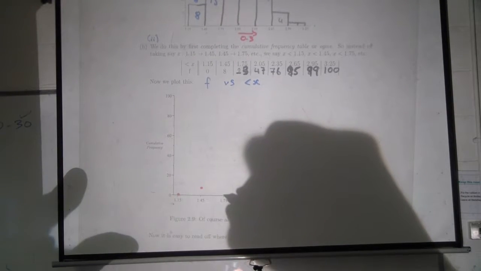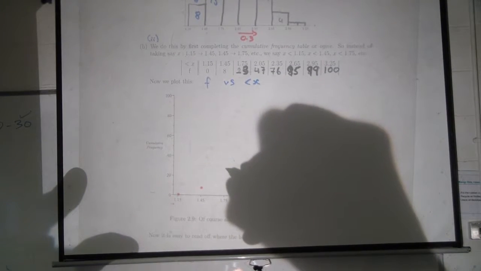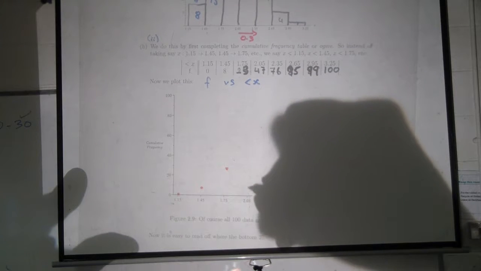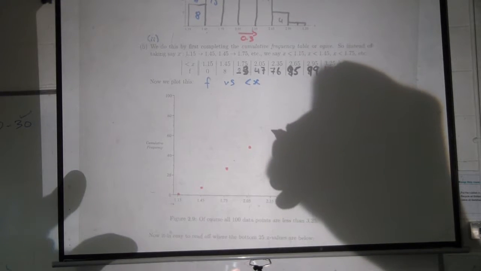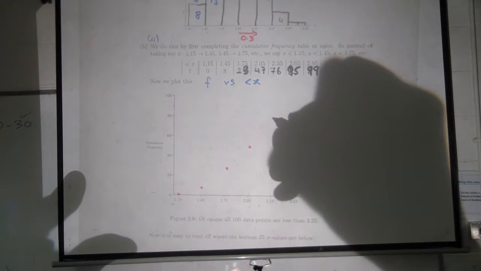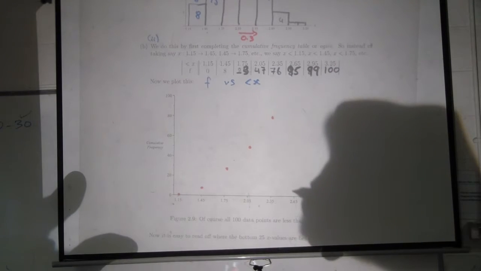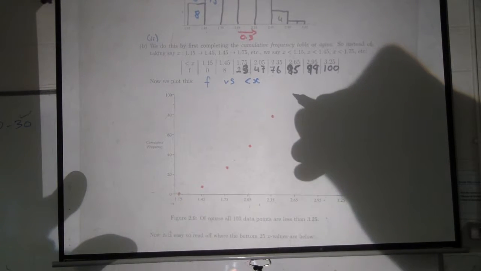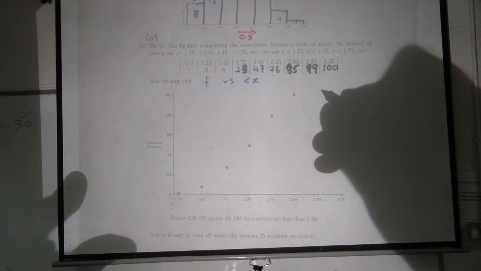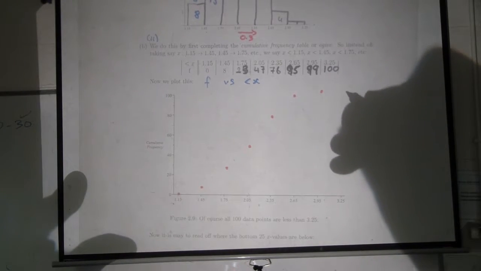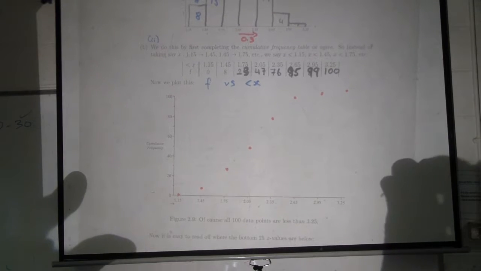Less than 1.75, we're 23. Something like that. 47. Doing it rough here. 76. Something like that. 95. 99. 100. Something like that.